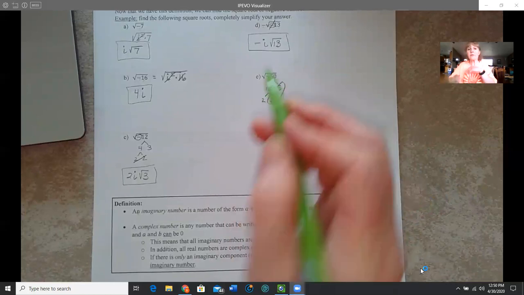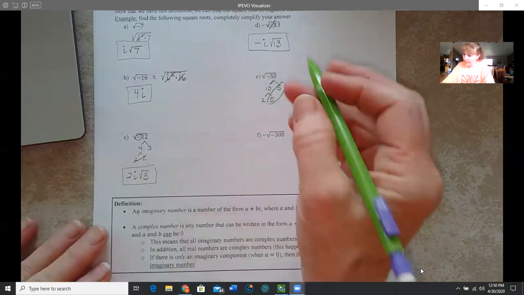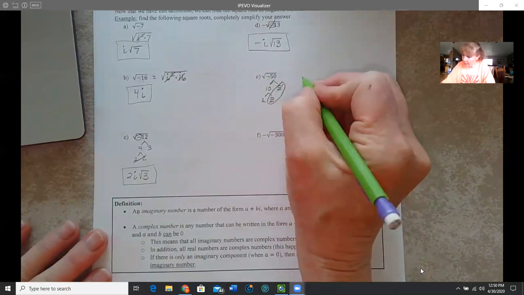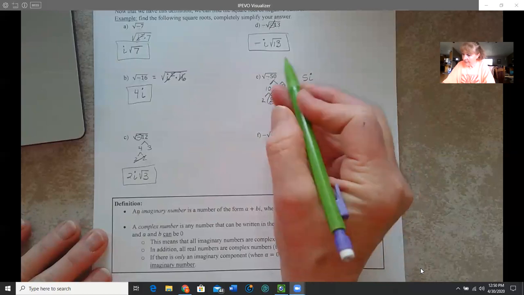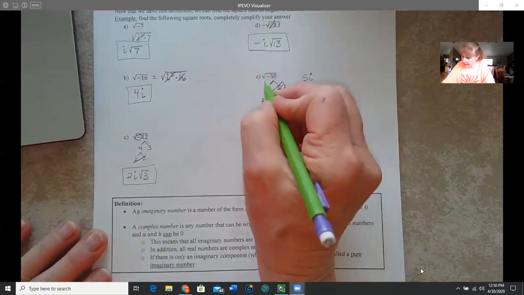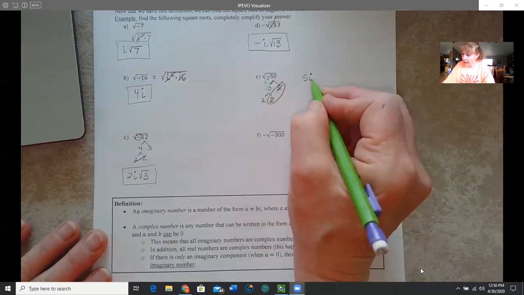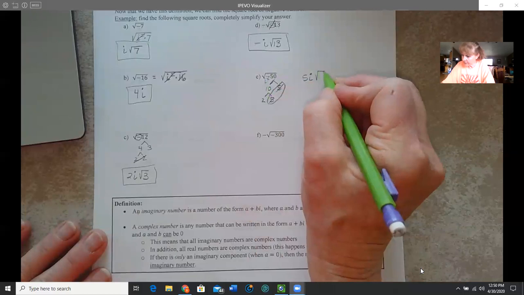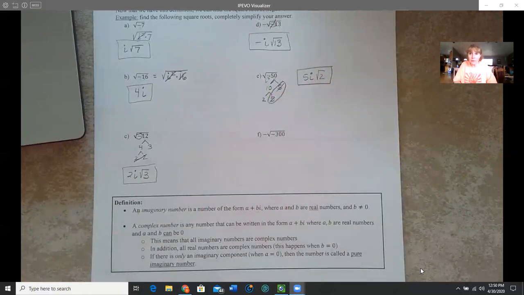The negative will come out as an i, and the 2 will remain. So we'll end up with 5i. The 5, the negative comes out as an i, because again, it's an i squared. If you have 2 of something, it comes out. Square root of 2 stays inside. So we have 5i square roots of 2.